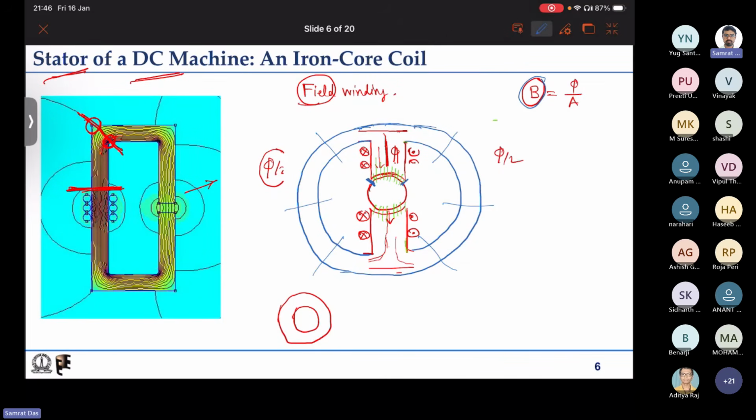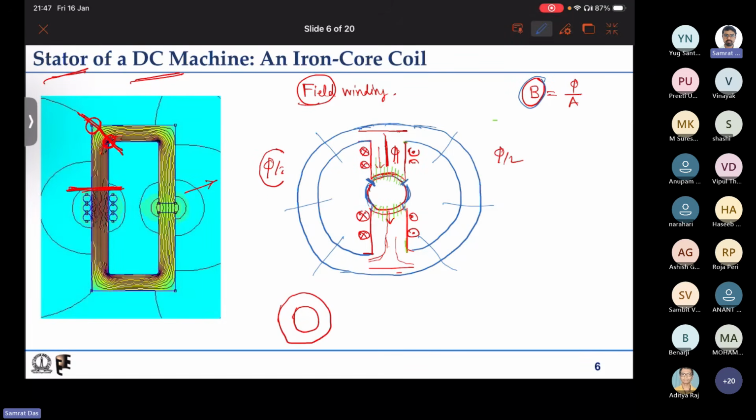Here we'll have some flux density of a certain sign, here a flux density of the opposite sign, and in between the two poles, what is called the interpolar region, because interpolar means in between the two poles, we have almost zero flux density.